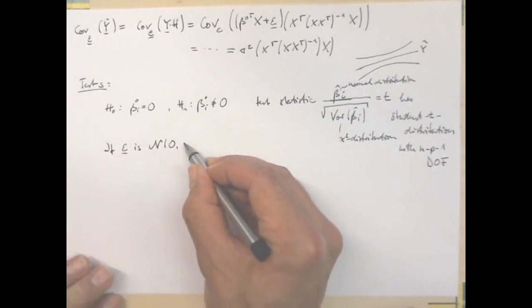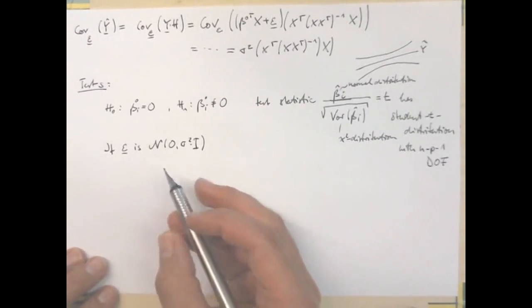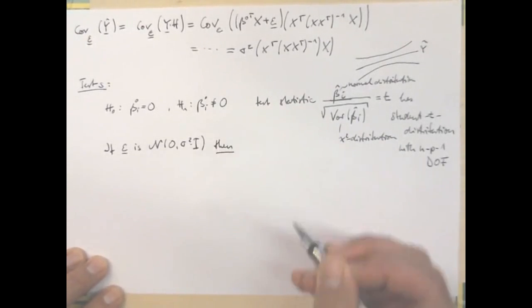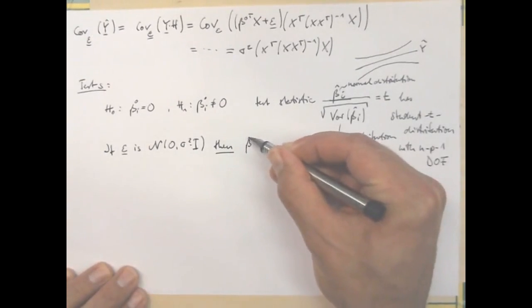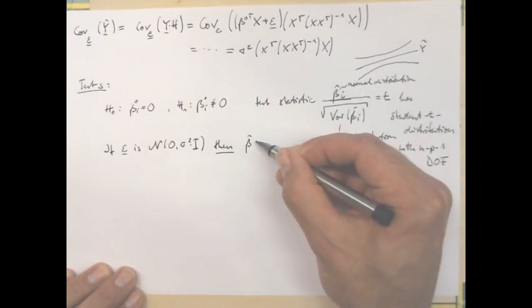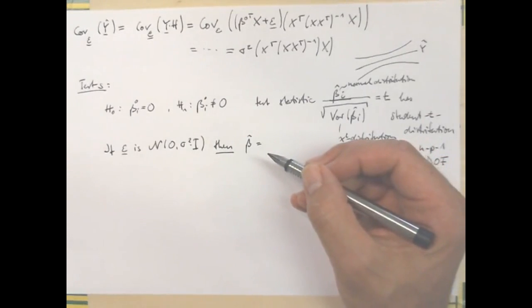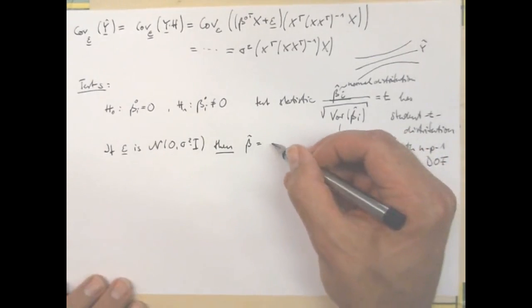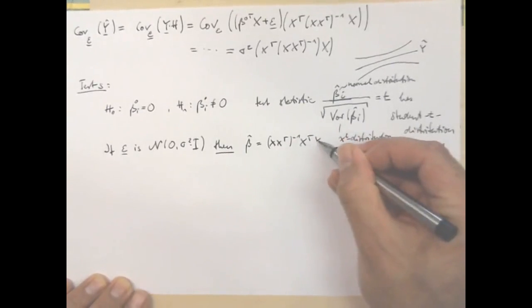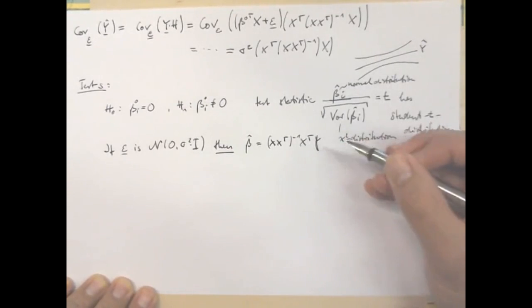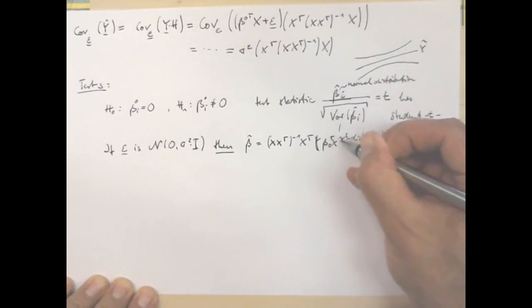But if I say that it has a Gaussian distribution, then, well, I'm writing out y, which was beta 0 transpose x plus epsilon.